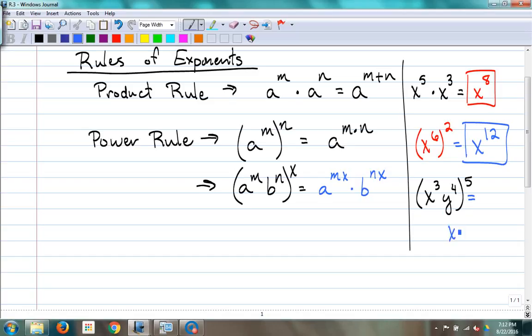So we have x to the 15th, y to the 4 times 5, 20. We get that rule. Okay, so if there's more than one thing multiplied together inside of the parentheses, you're going to put that exponent multiplied to both things on the inside. Both exponents on the inside.